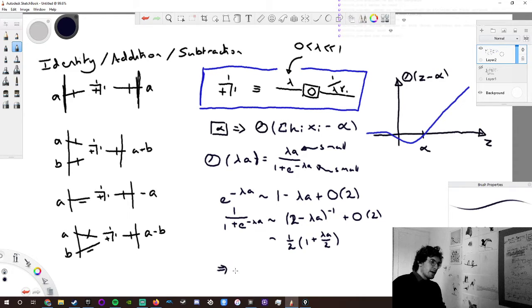So that means keeping only the first order terms, lambda a times this is actually just lambda a over 2. Sweet. The higher order terms would then give you, yeah, no, that's right, a lambda squared a squared over 4, and then higher order terms still.